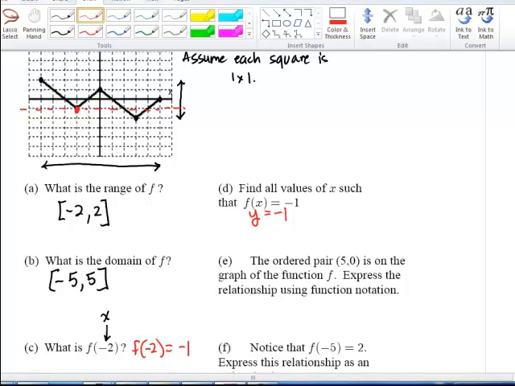And notice there are several x values that give us that y value. It looks like if x is negative 2 or 4, the y values would be negative 1. So we could put that in a set and list those as the x values that make that happen.